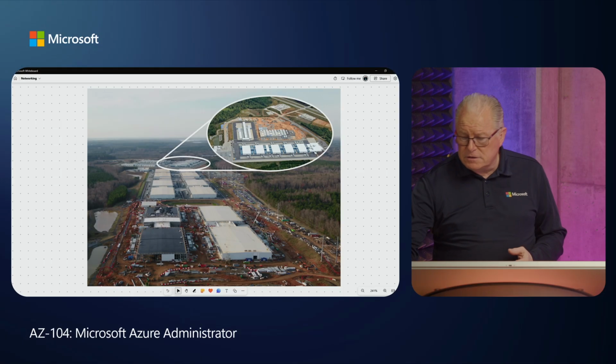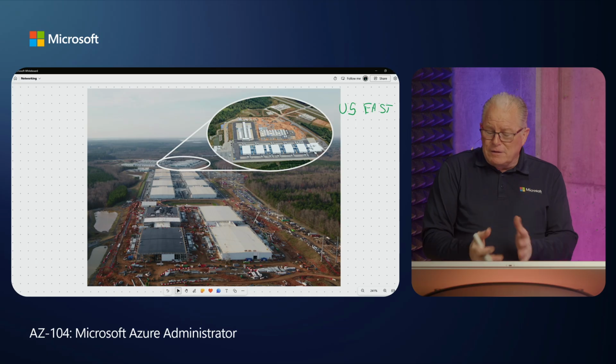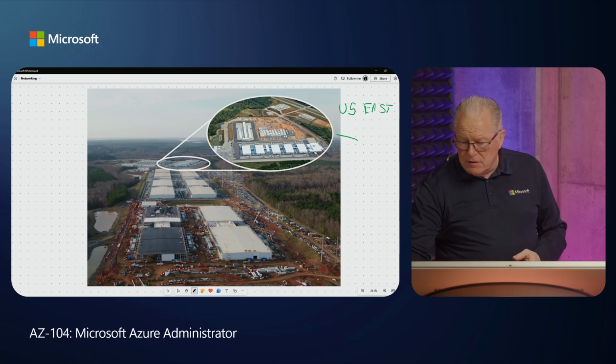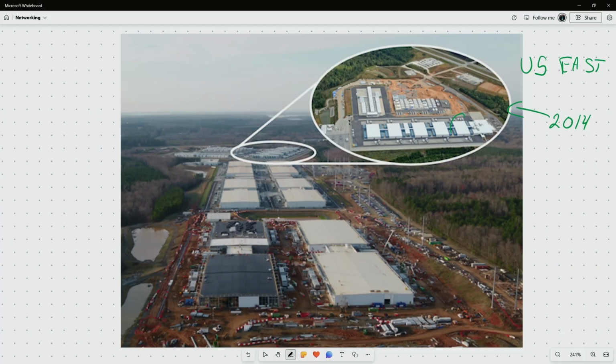So this is US East, which is our biggest region. It's our favorite. It gets everything first. This picture in the upper right-hand corner is what it looked like in 2014. Each one of these data centers has its own standalone redundant power, network connections, air conditioning, cooling, all of that stuff.